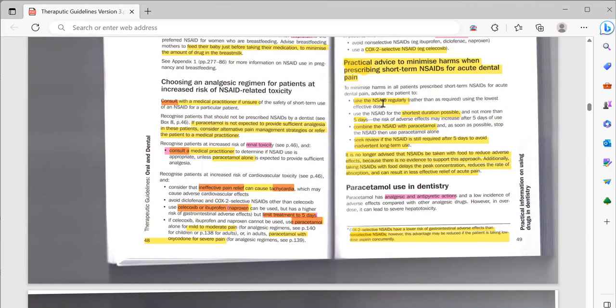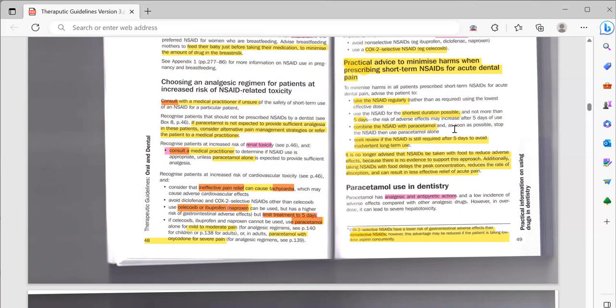No, these drugs should be taken as a course. They should be taken regularly. That's how they work. Second, use the NSAID for the shortest duration possible and not more than 5 days. The risk of adverse effect may increase after 5 days of use. So take the drug regularly for 5 days.